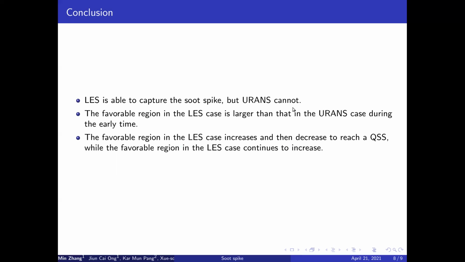The favorable region for soot formation in the LES case increase and then decrease to reach a steady state. But this favorable region for soot formation in the URANS case continue to increase. So we can see a spike in the LES, but not in the URANS case.